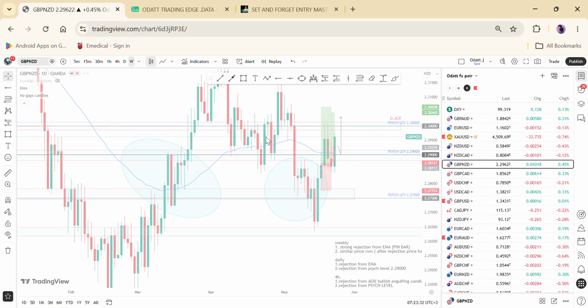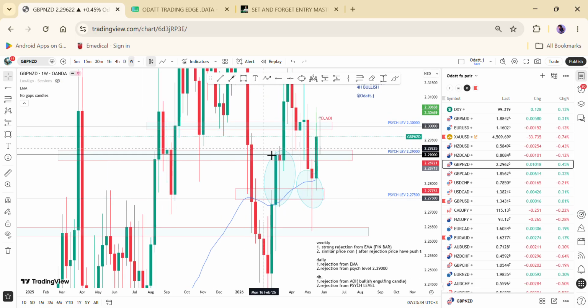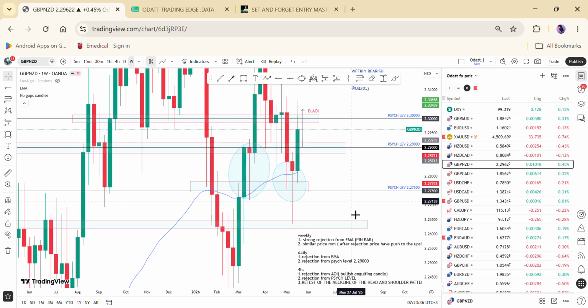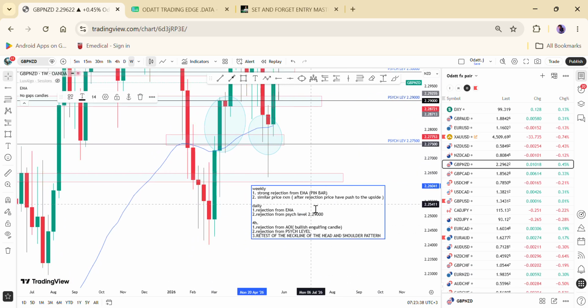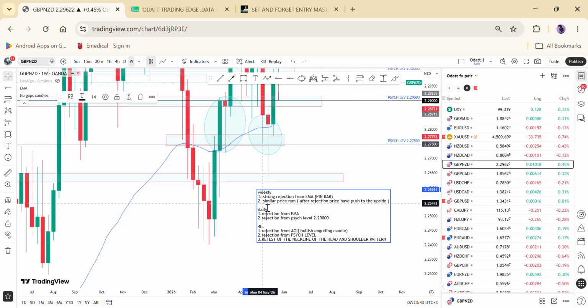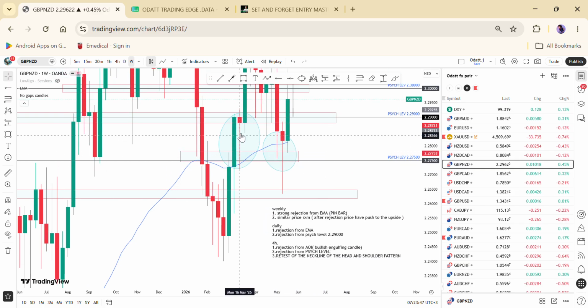Weekly time frame, there was this same thing. If you look at my confluence here, I said on the weekly time frame there is a strong rejection from the EMA, which is this one. We have strong rejection from the EMA, this candle, and then last week it created the same candlestick at the same level, which creates something called a similar price reaction.